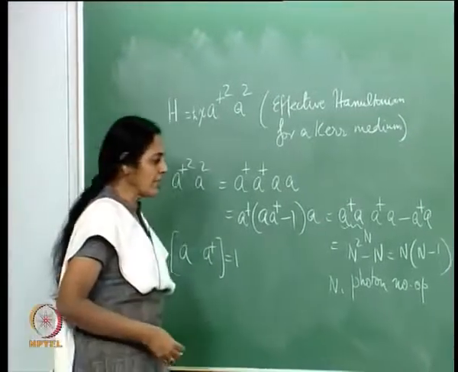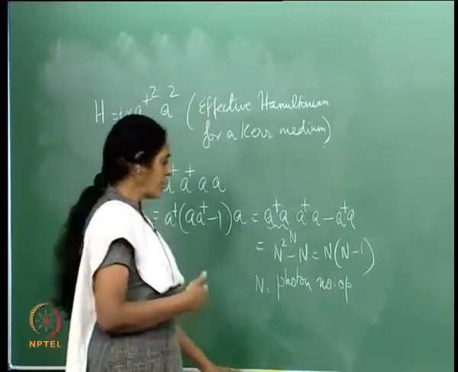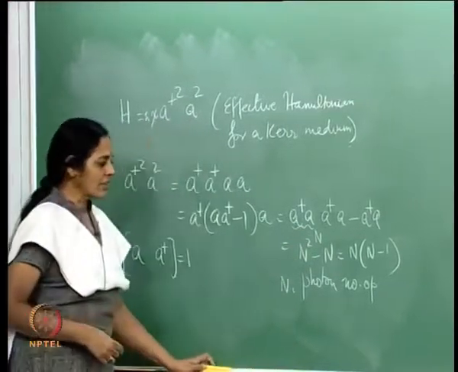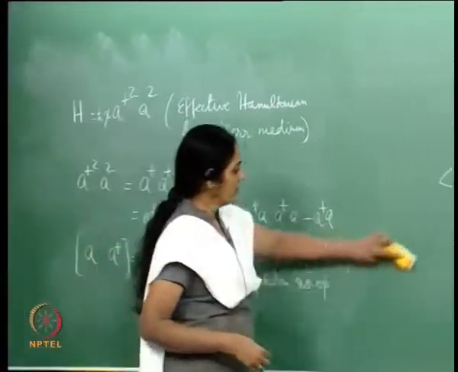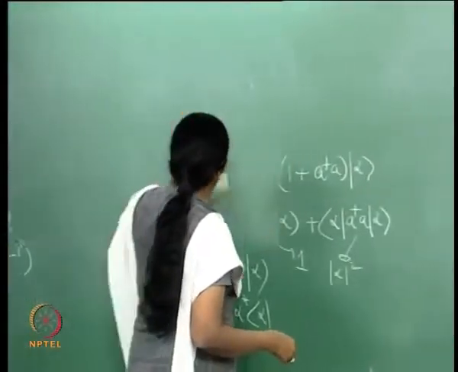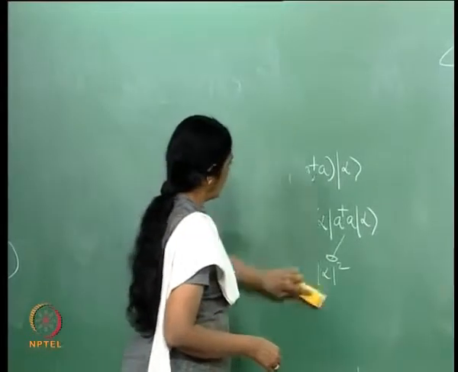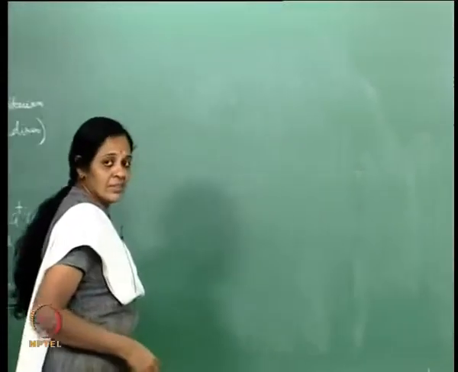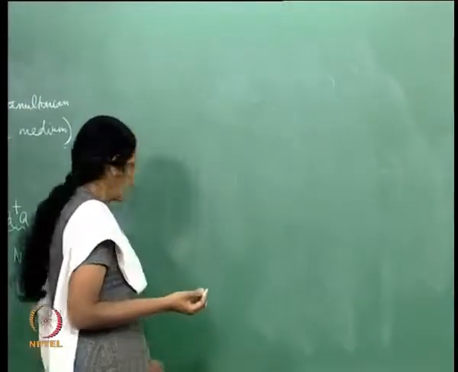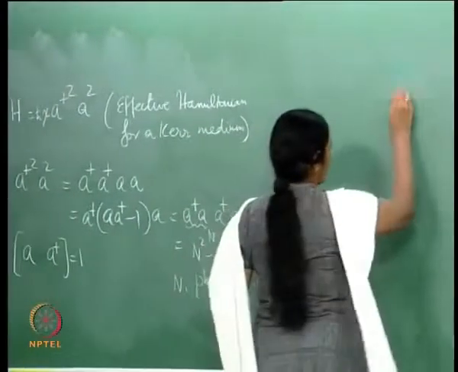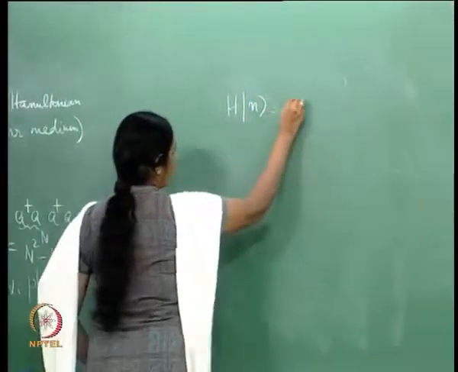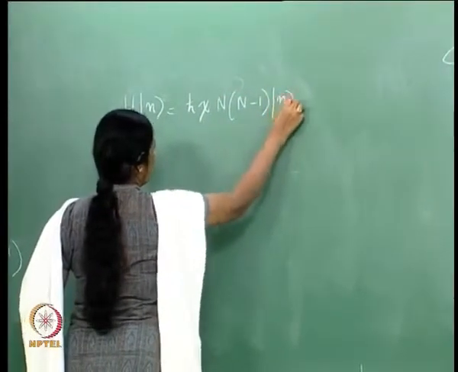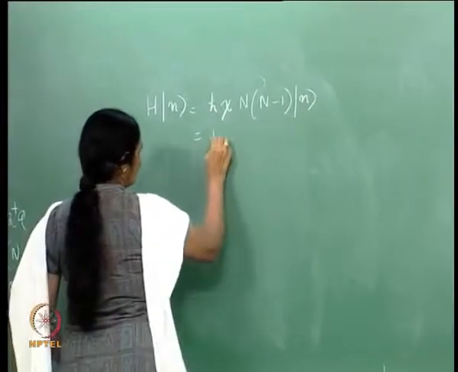I therefore need to find out the eigenvalues and eigenfunctions of this Hamiltonian, h cross chi n times n minus 1. It is evident that the basis set ket n, the n photon state for instance, is an eigenstate of this Hamiltonian, because H acting on ket n is h cross chi n into n minus 1 ket n.